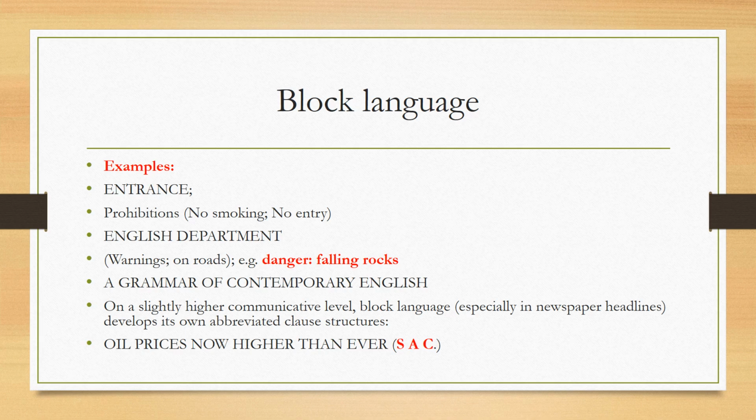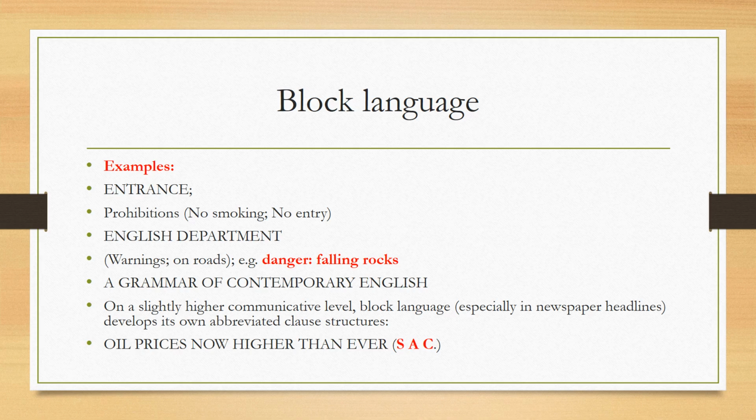They have the form of block language. How? Because the headlines are written using only the important element that tells us about the main idea of the news that we are going to read. Which element do they use to write the headline? It is the noun, a noun phrase, a single noun, or a nominal clause.